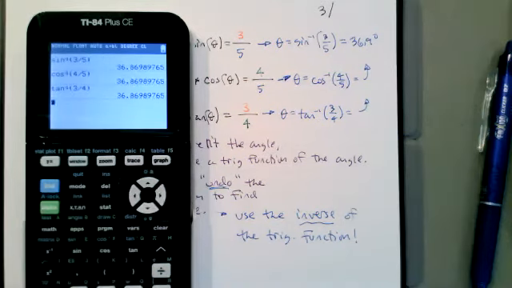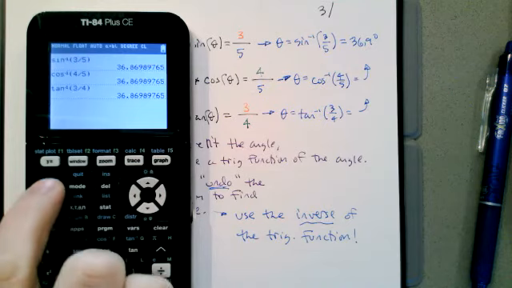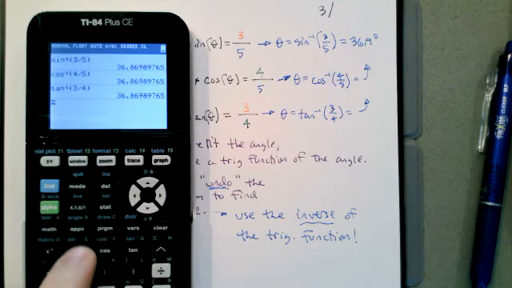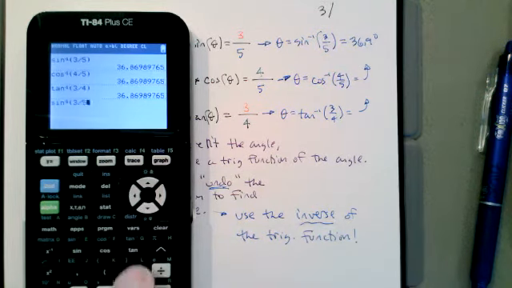Then get out of your mode, and to get at the blue functions, press the blue second button. So second sine inverse, and then 3/5, 3 divided by 5. Okay, so mode degree. Okay, thank you.